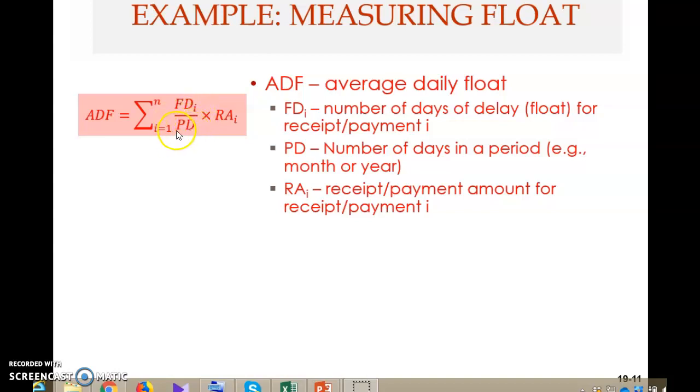And this is the number of days in the period, usually 30, because we usually take monthly, therefore this will be 30, and multiplied by the amount of receipt or amount of payment. If you use this formula, then you can compute the ADF, or average daily float.